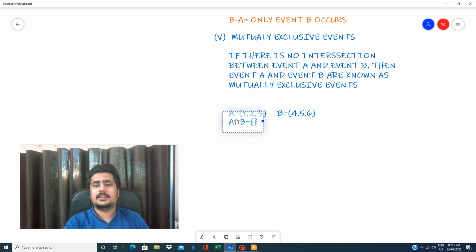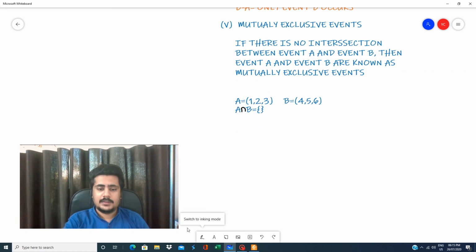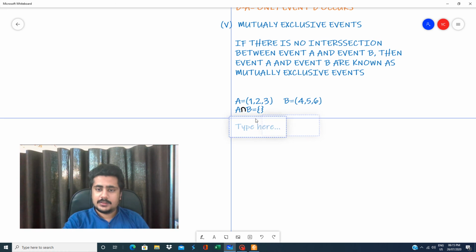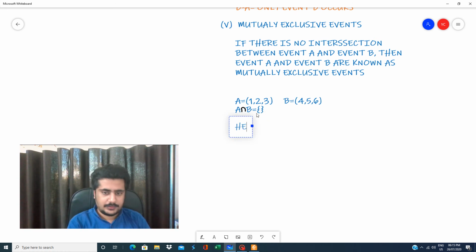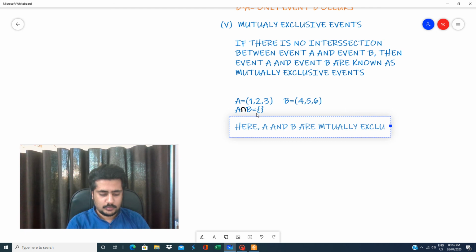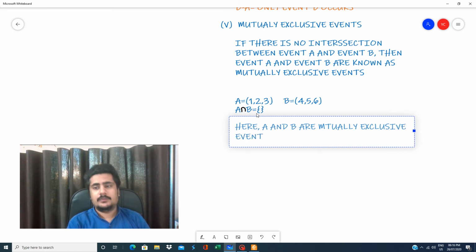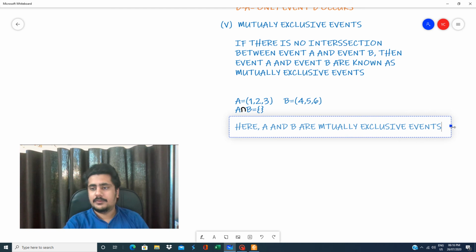No. Intersection is a null set. Now if the intersection is a null set, A and B are mutually exclusive events. So A intersection B is nothing. So here you can say event A and event B are mutually exclusive events.